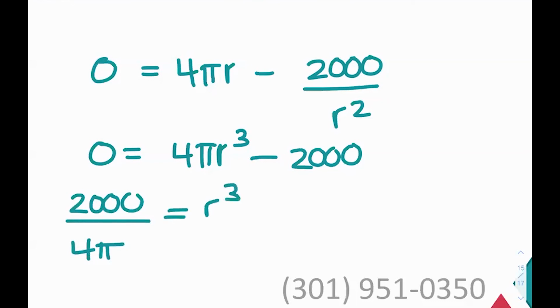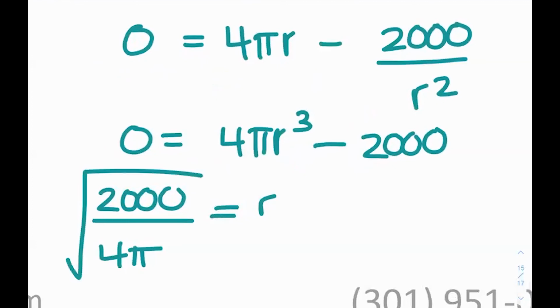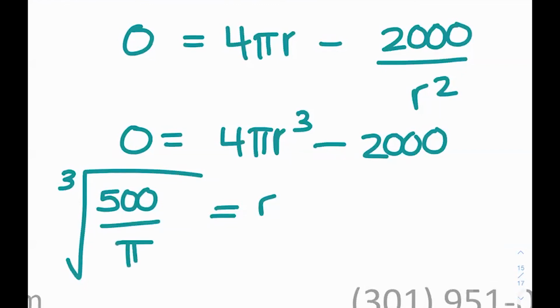So 2000 over 4 pi equals r cubed, which would mean that the cube root of 2000 over 4 pi equals r. If we simplify that even more, just 500 over pi. Cube root of 500 over pi equals r. So that is giving us our r value where the derivative is equal to 0.